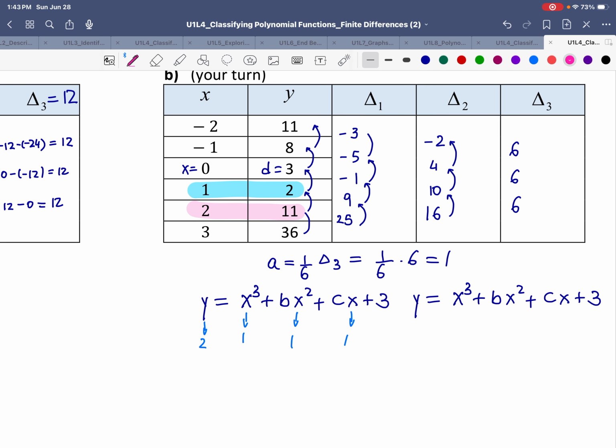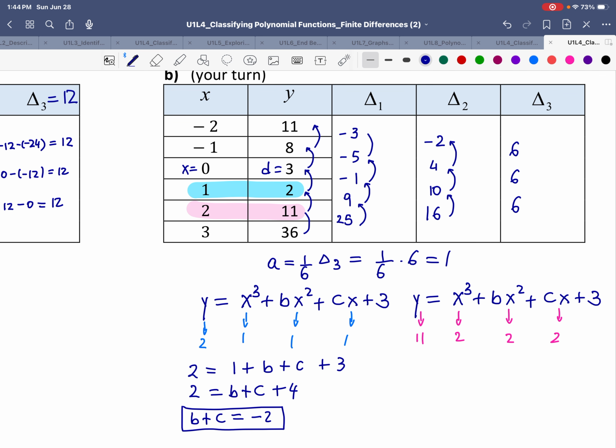We have x equals 2 and y equals 11. Let's see how this goes. So we have 2 equals 1 plus b plus c plus 3. And that will give b plus c plus 4 equals 2. So b plus c is equal to negative 2.